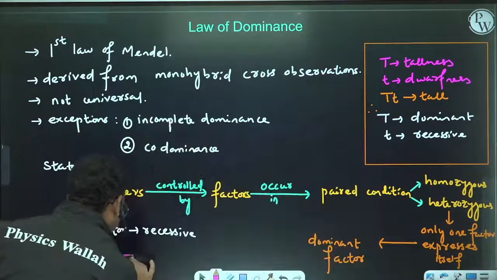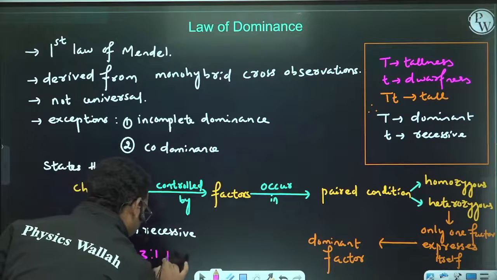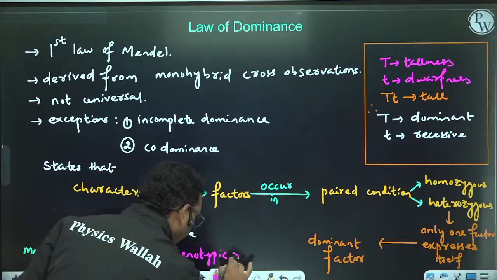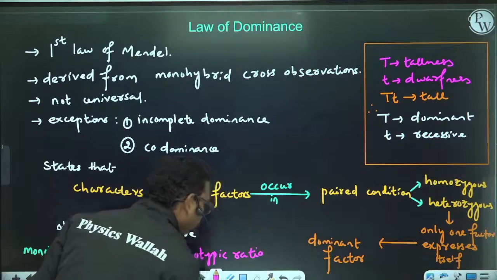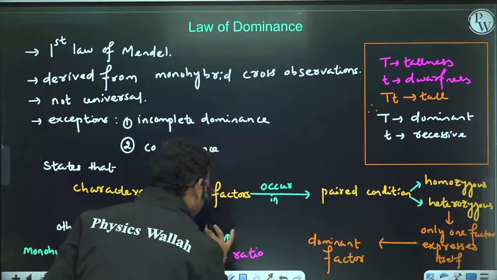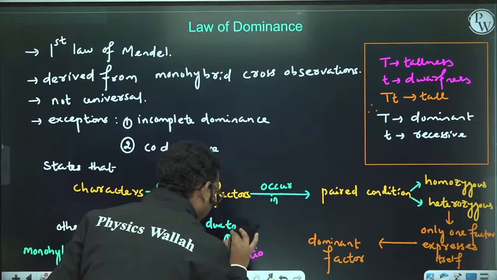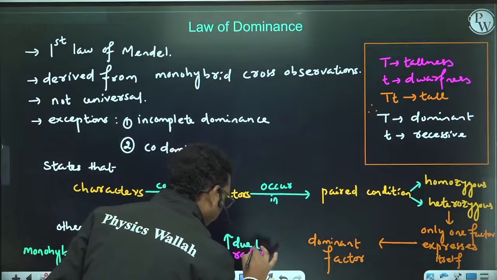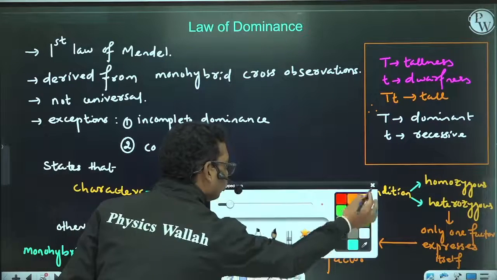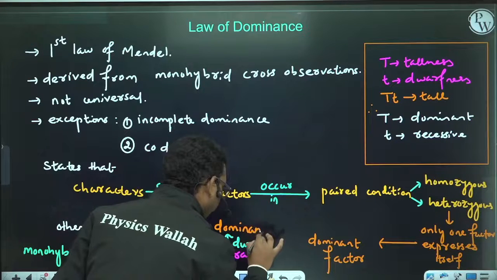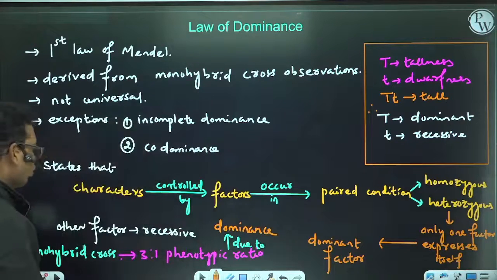Monohybrid cross. Three is to 1 phenotypic ratio is due to dominance. It is due to dominance.